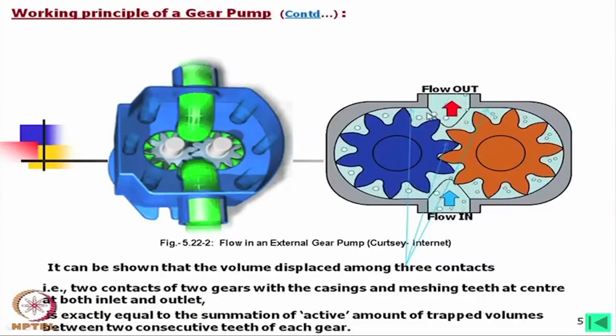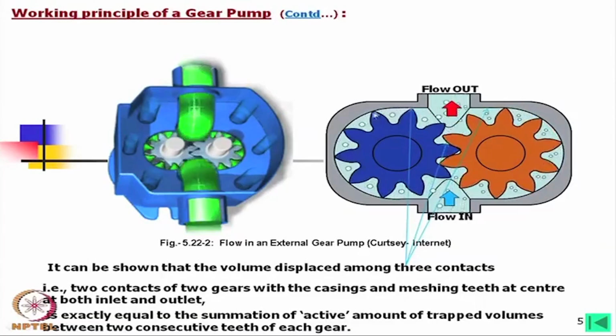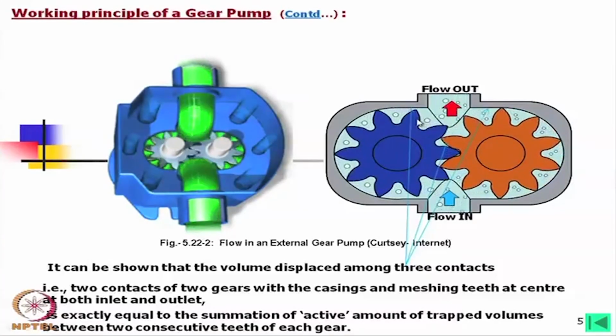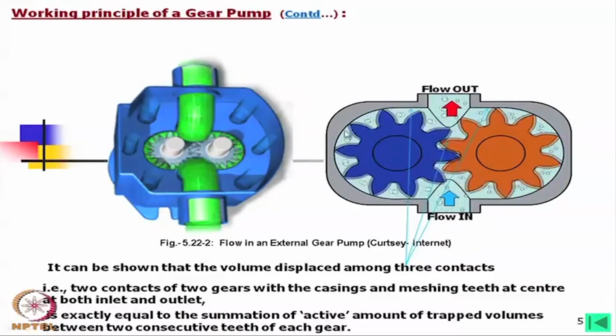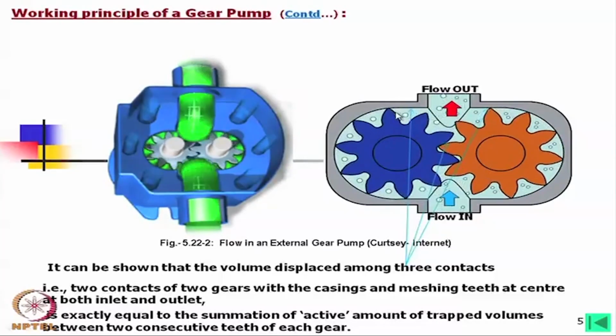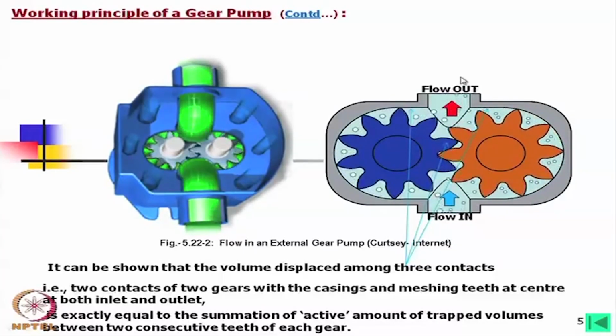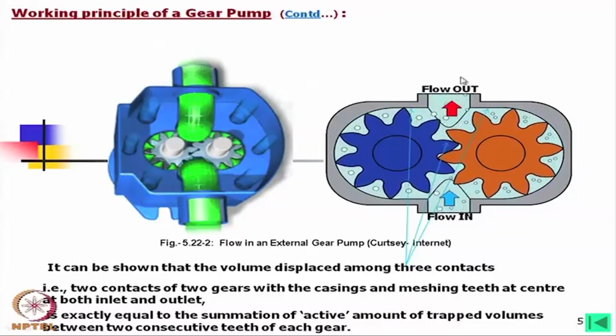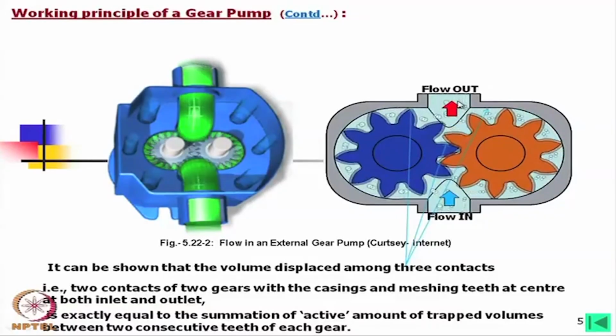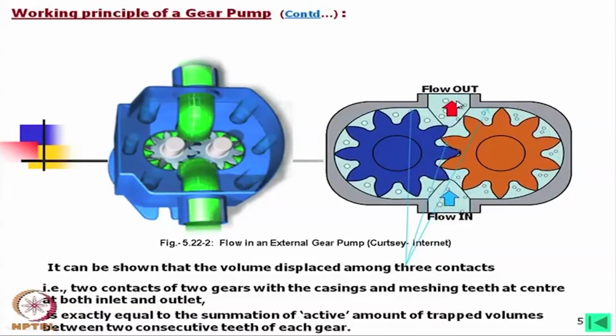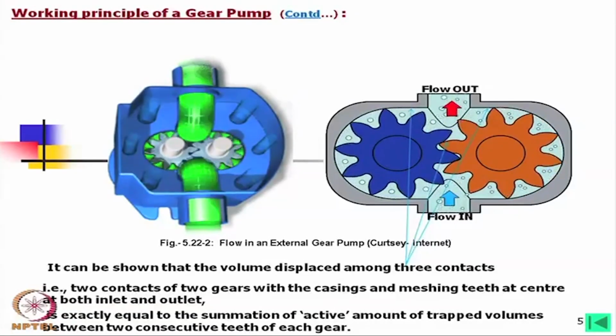But what actually happens is that there is a small amount of leakage. So, what we will find is that some pressure is increasing, and then suddenly it is exposed to high pressure. Now, that causes some sort of fluid borne noise.